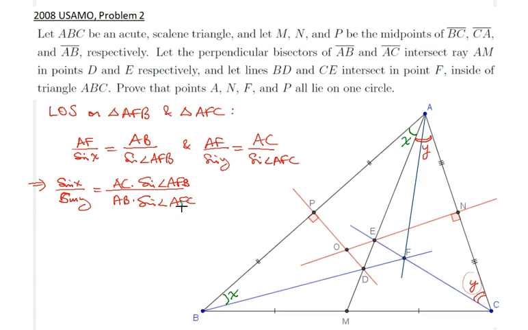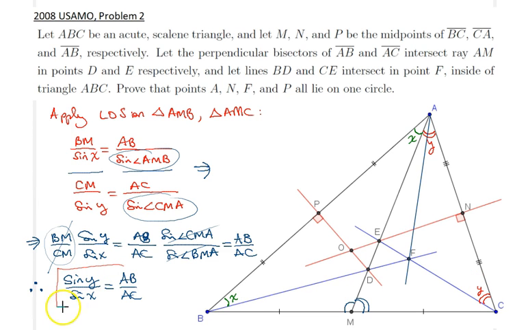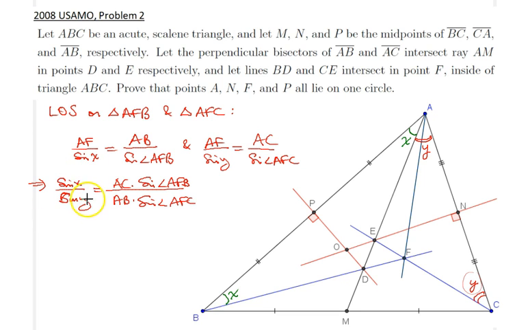And by the result that we got in the previous page, let me remind you of that result, that sine X over sine Y is AC over AB. So if I replace sine X over sine Y with AC over AB from the previous page, we realize AC and AB cancel those ratios, so therefore sine angle AFB is equal to sine angle AFC.